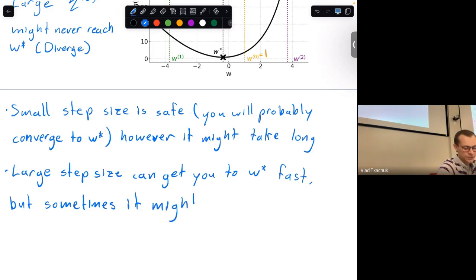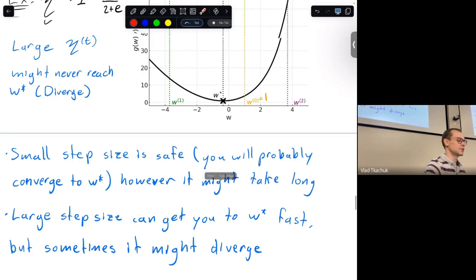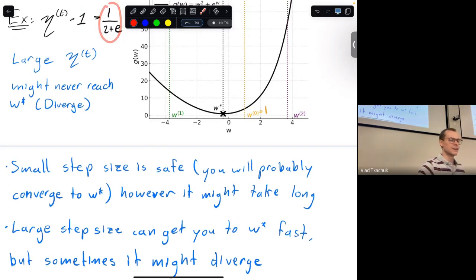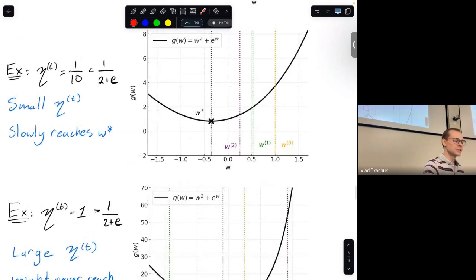So it completely depends on the particular function you're trying to optimize. If you make some guess of a step size, if you make some good guess, and by good I mean something close to this actual second derivative thing, then you're going to converge fast. But if it's too large, then you might diverge. But if it's too small, you're safe in the sense that you're at least making progress in the right direction, but you may take much longer to get there.